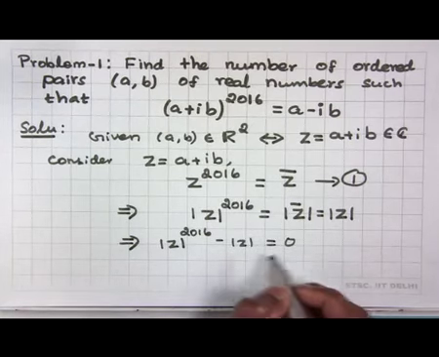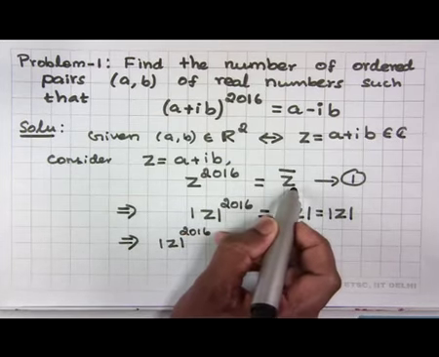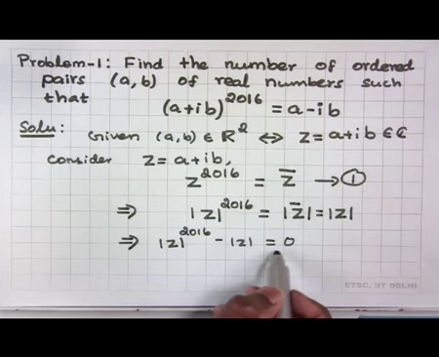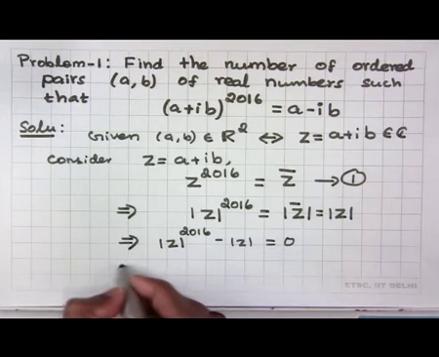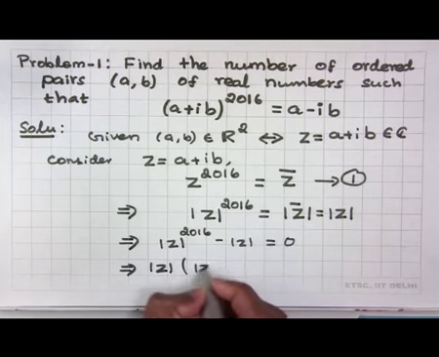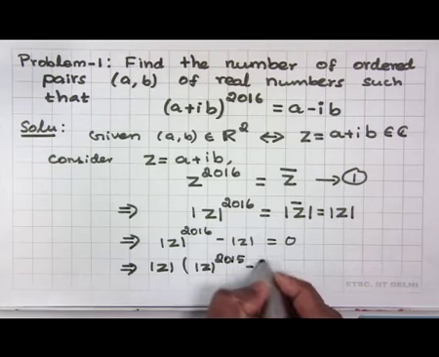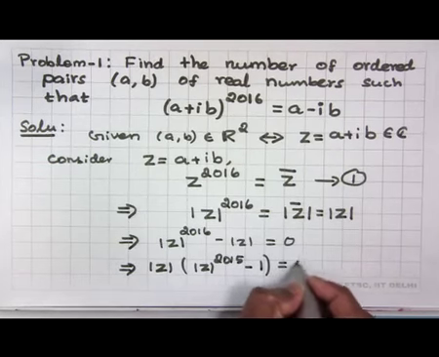So, what we are arguing is, if there is a complex number satisfying this equation, then it must satisfy this relation. This implies that mod z times mod z power 2015 minus 1 must be equal to 0.